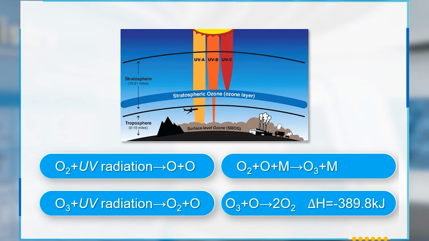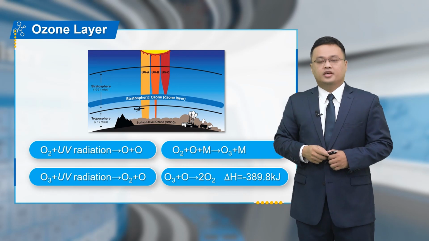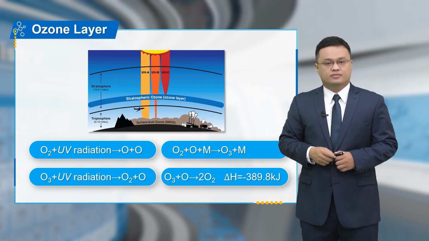In the stratosphere, at altitude between 25 to 35 kilometers, the concentration of ozone is about 20 times higher than the ground level. This belt of the stratosphere is called the ozone layer. Stratospheric ozone plays a vital role in protecting life on Earth.